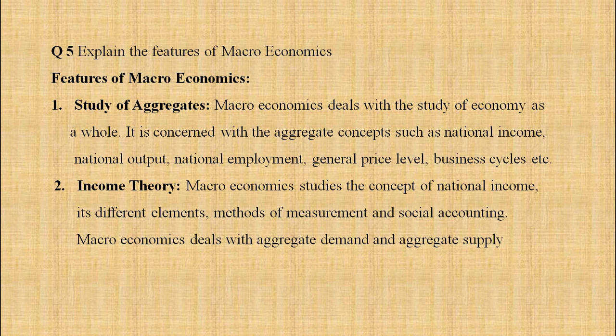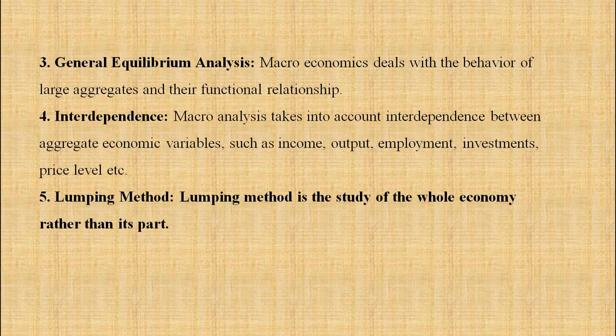It explains the causes of fluctuations in the national income. Then it explains the causes responsible for business cycles, that is inflation, deflation. All these theories are there under macroeconomics. So income theory, that is the second part.